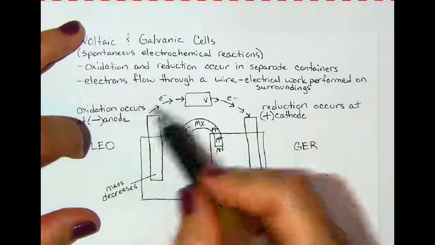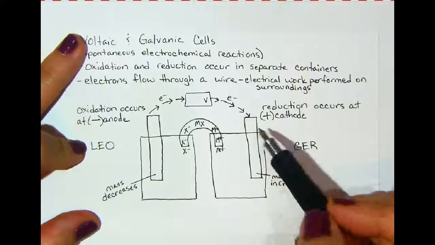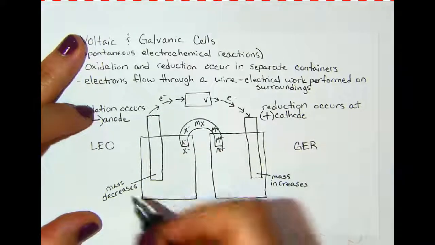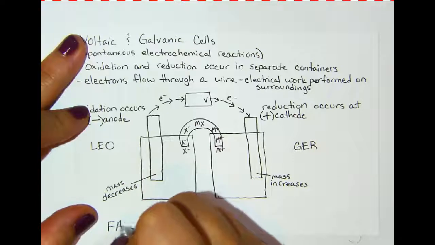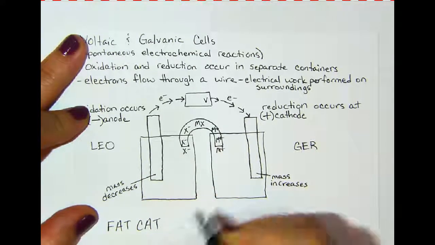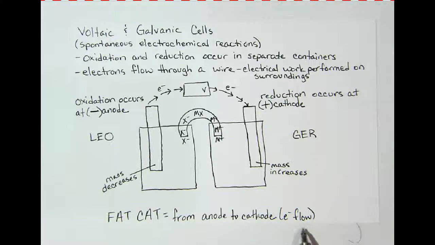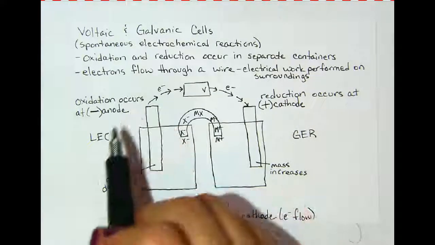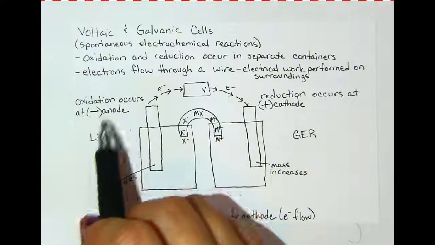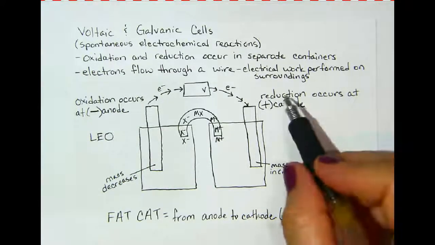So from oxidation to the reduction side, or from the anode to the cathode. And one way to remember that would be FAT-CAT, which stands for from anode to cathode, which describes the electron flow. Note that when we lose electrons, oxidation occurs at the anode, and when we gain electrons, reduction occurs at the cathode.